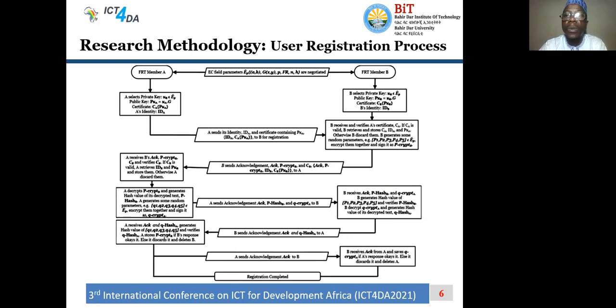The two users share elliptic curve parameters, which include the curve type, the base point generator, and other necessary parameters that are used to compute the security keys, like the public key and the private key, and also create identity certificates.